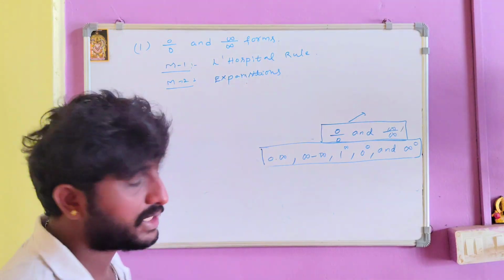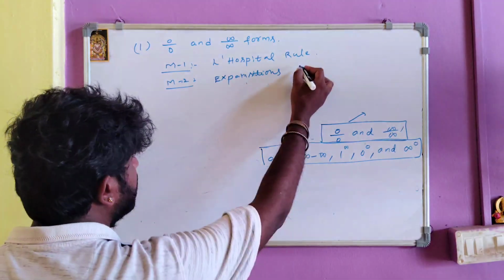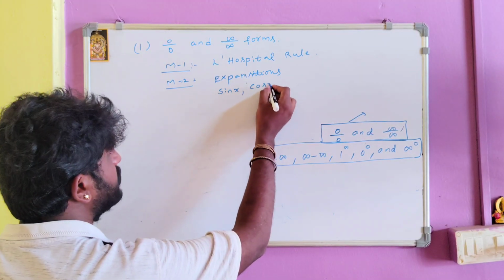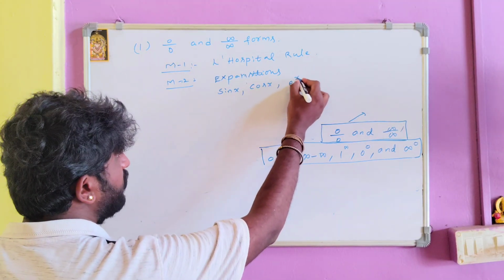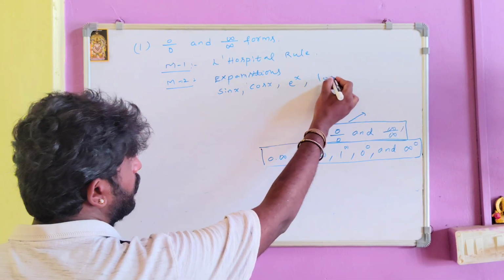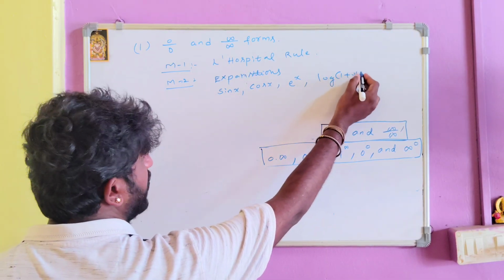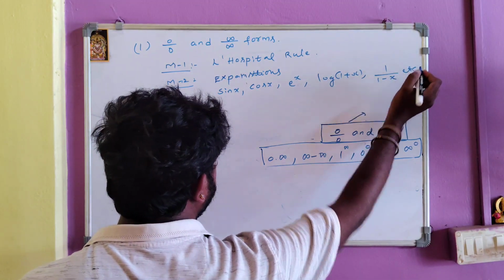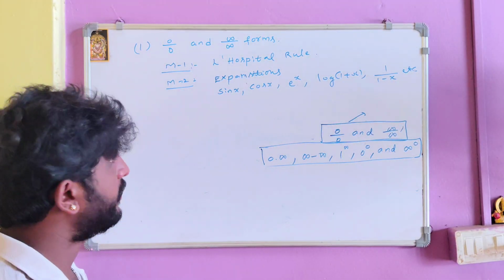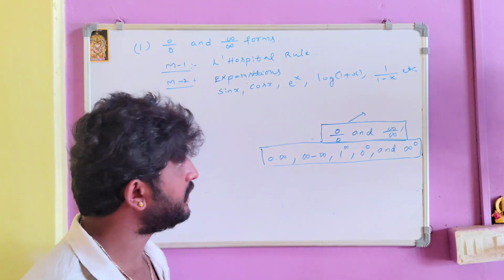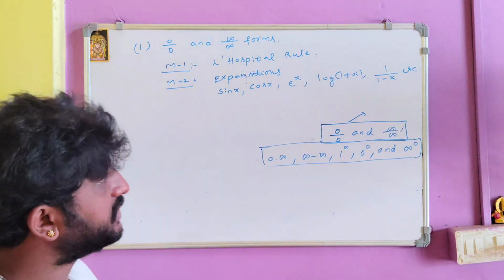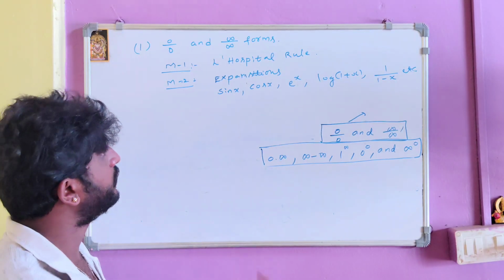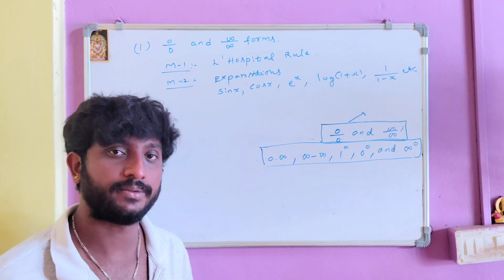There are various expansions like sine x, cos x, exponential of x, log of 1 plus x, and 1 by 1 minus x expansions, etc. We take help of these function expansions to simplify given limit problems.